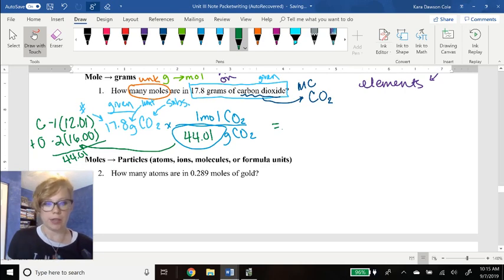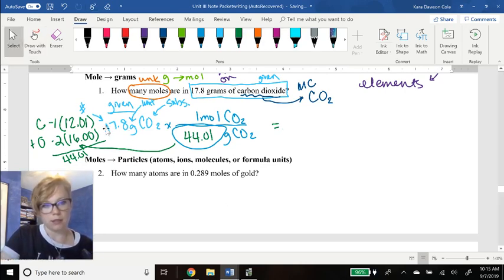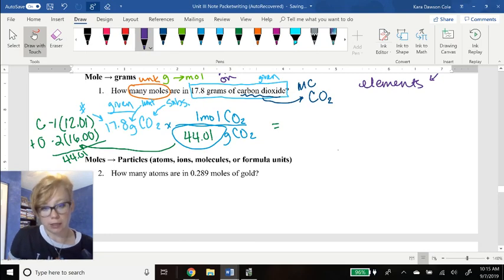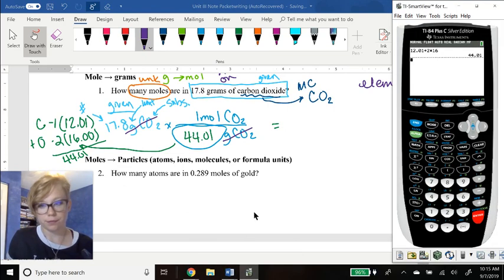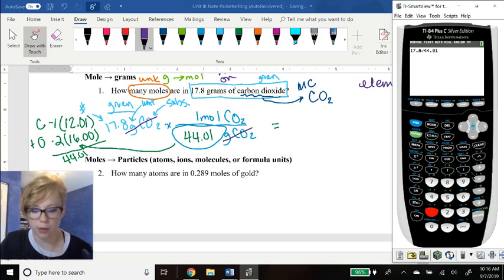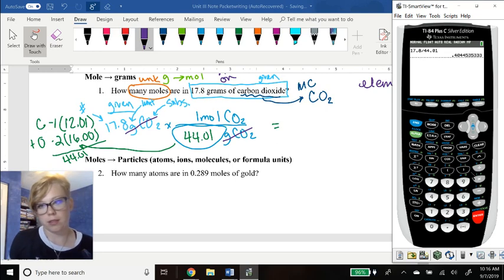And then I can calculate this. So it's 17.8 divided by 44.01. Now, you can see that my grams of carbon dioxide are canceling and I'm in moles of carbon dioxide. So 17.8 divided by 44.01 equals 0.045335333.